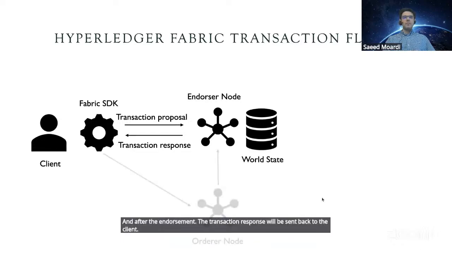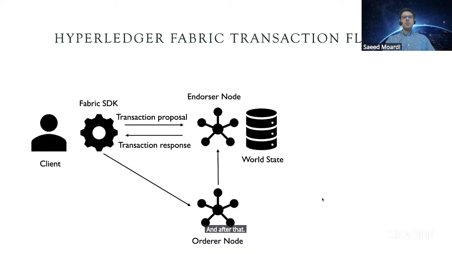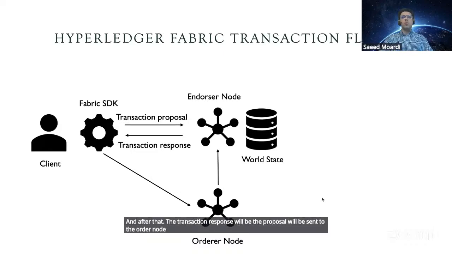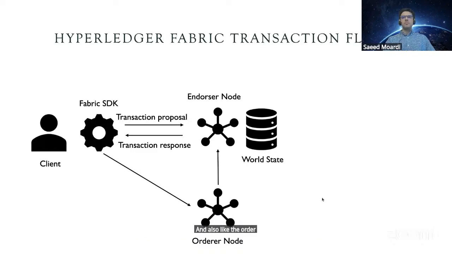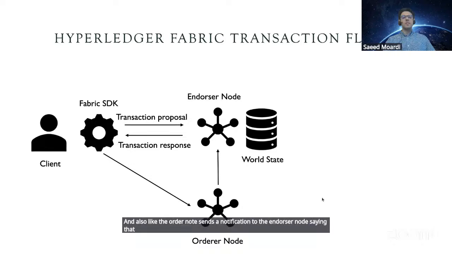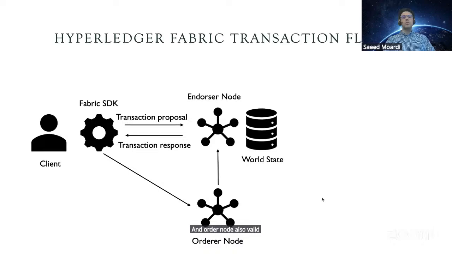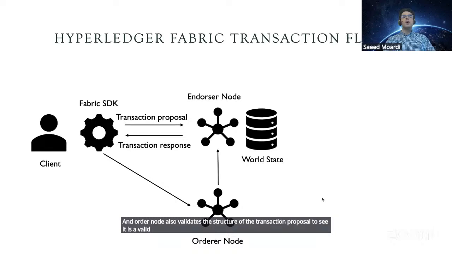After that, the proposal will be sent to the order node, which is a component for ordering the transactions and submitting them later to the committer node. The order node also sends a notification to the endorser node saying that this is a transaction that I received. The order node also validates the structure of the transaction proposal to see that it is a valid, verified structure.